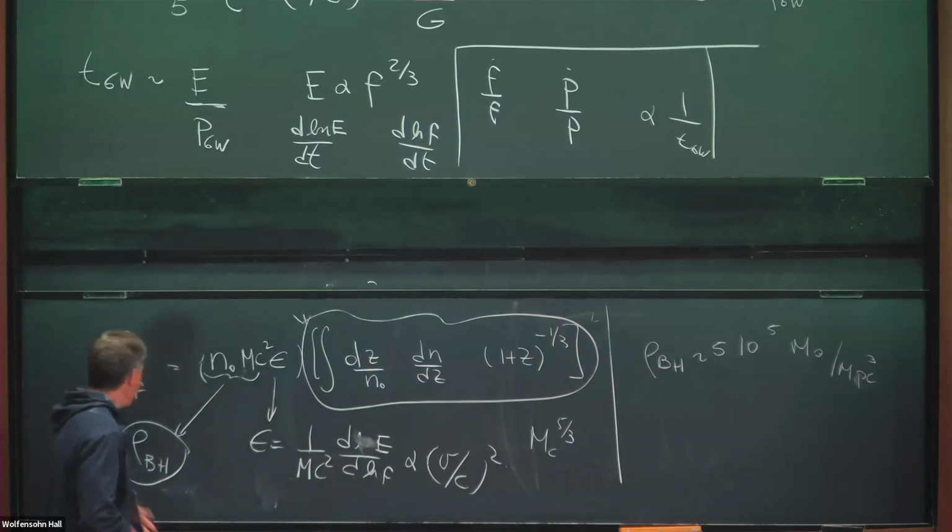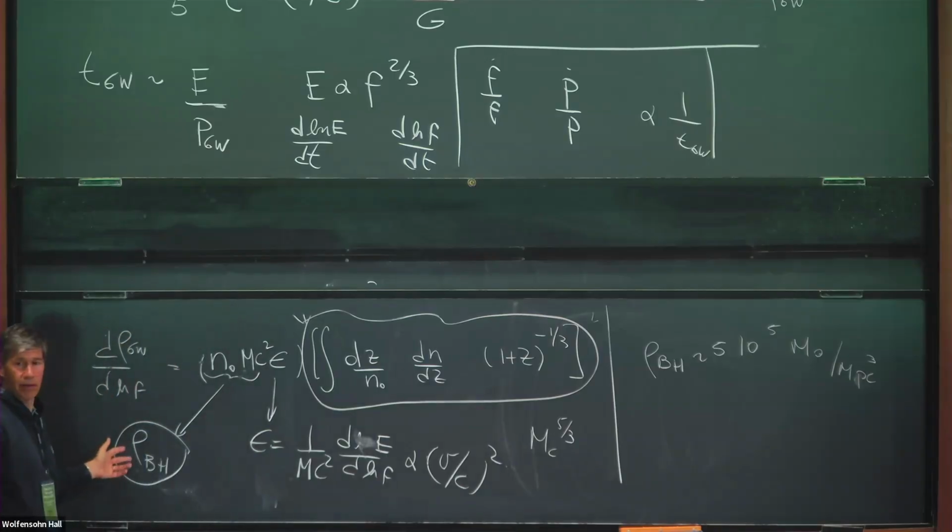So if I were to know the background of the population of black holes around us, my estimate of the background of gravitational waves is not very uncertain. I mean, it's very uncertain to the extent that they either merge or there's nothing.